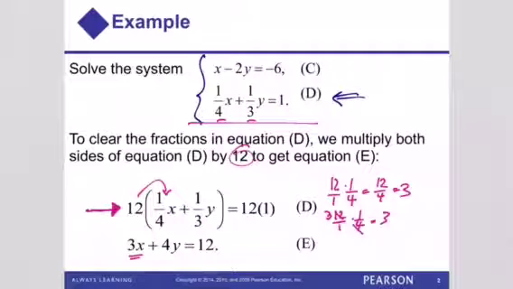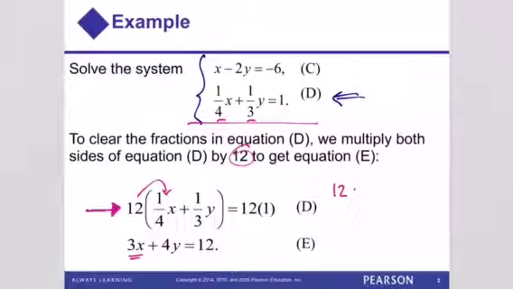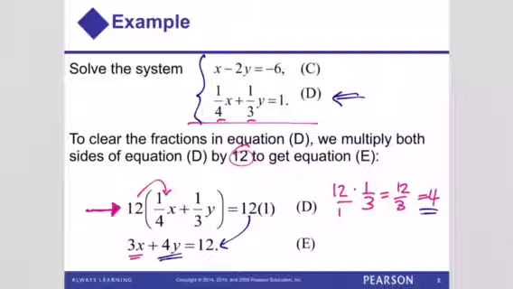Okay? And then I'm going to erase those. The second one is 12 times 1/3, so that's 12 over 3, which is 4, and that's where this 4y comes from. 12 times 1 is still 12.